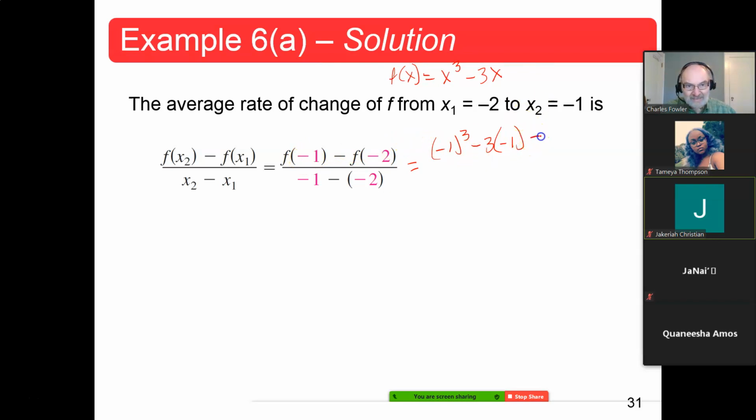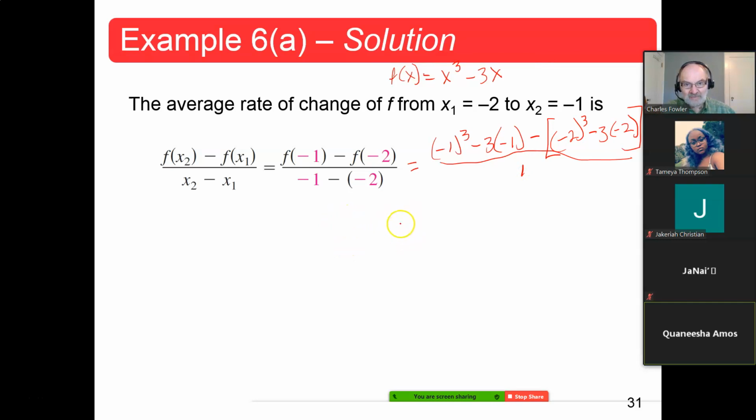Then you do a minus, and you put a minus 2 in its place. Negative 2 cubed minus 3 times negative 2. And that's all divided by x2 minus x1, which is this thing right here. Negative 1 minus a minus 2, so minus a minus is plus. Negative 1 plus 2 is 1.